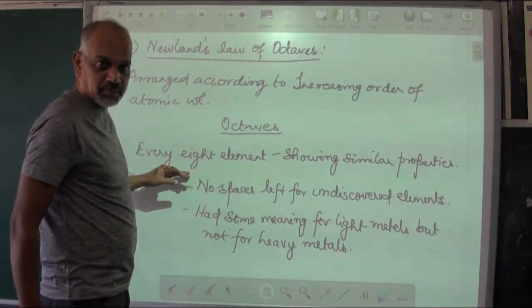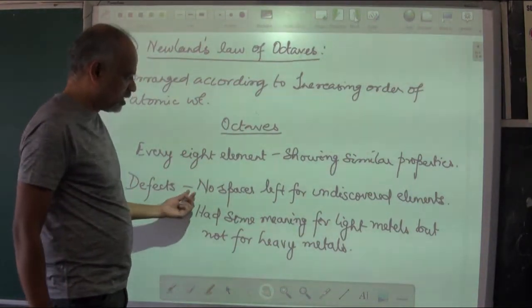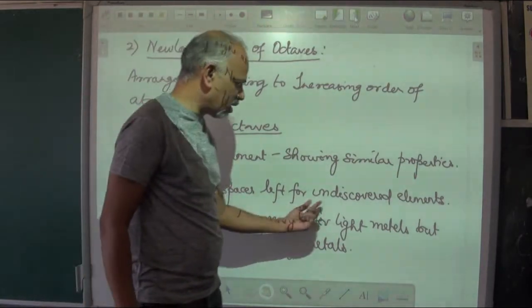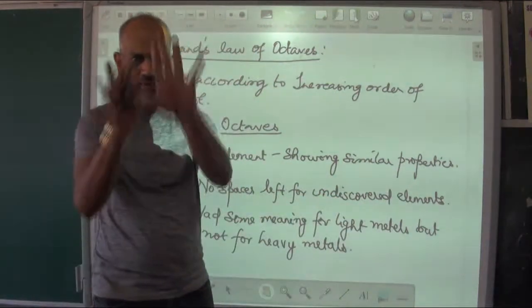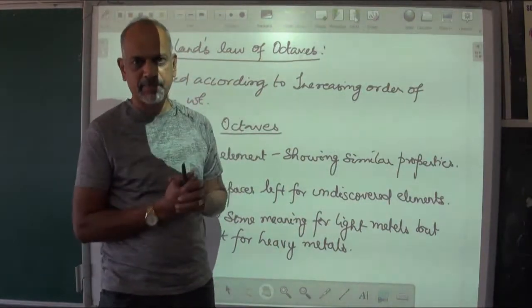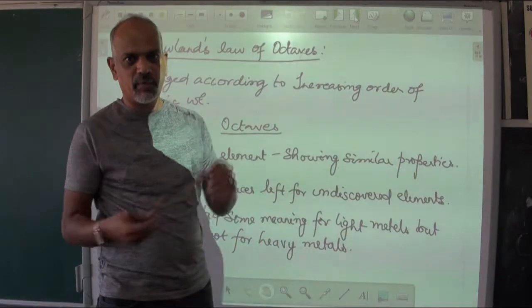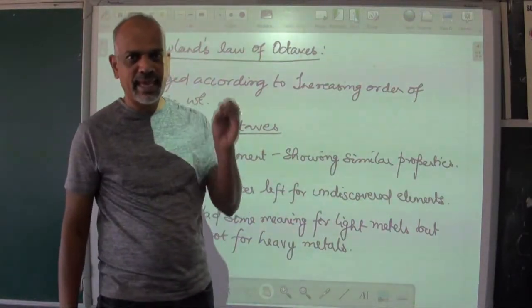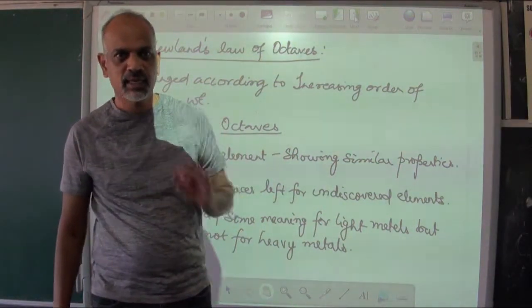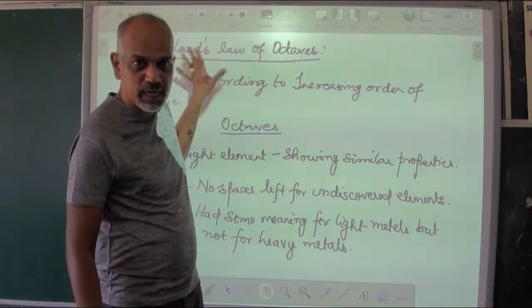Now again, the defects were that no spaces were left for undiscovered elements. Everything was arranged during those times, but new elements were found. When these new elements were found, they had no place in the arrangement which Newlands had done.